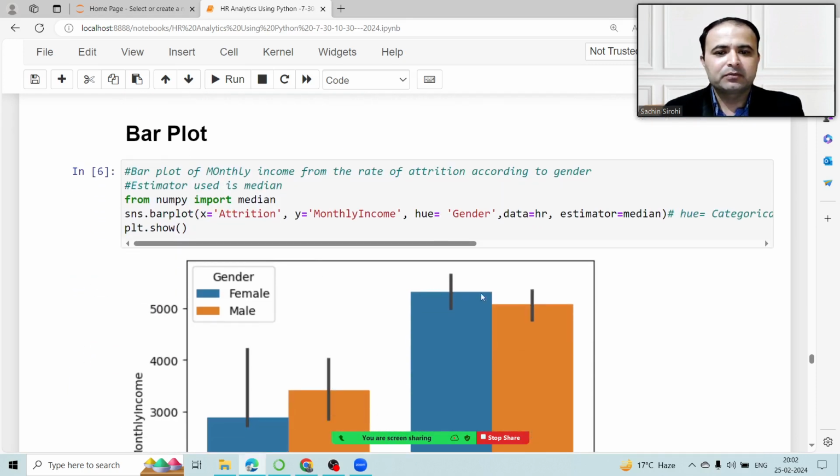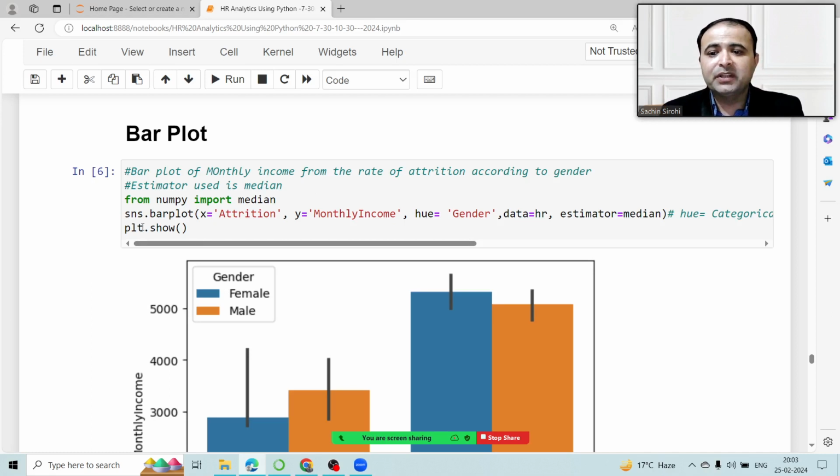For this I use a bar plot, with NumPy, and inside NumPy I'm using the median. You know very well what mean, median, mode, variance and standard deviation are, and also some hypothesis testing for inferential statistics.